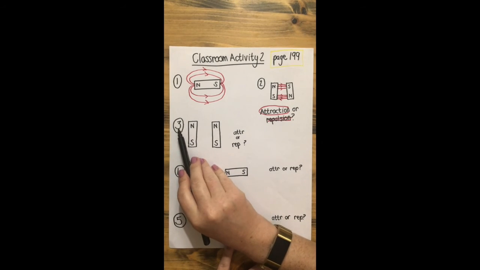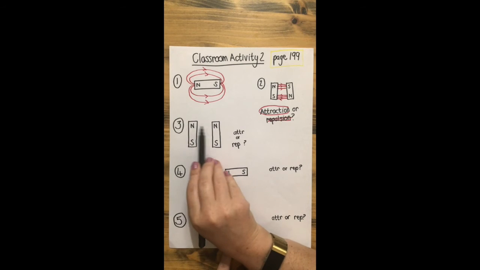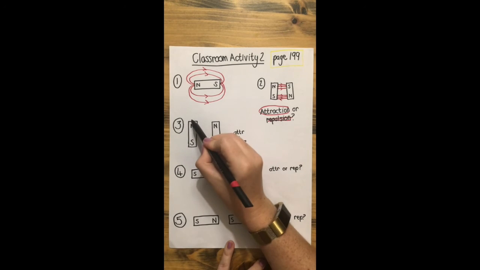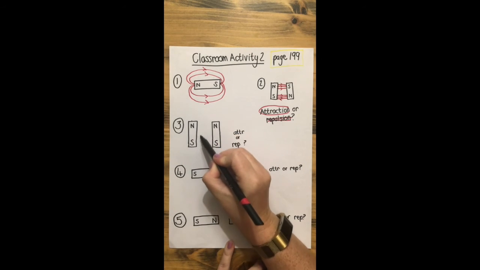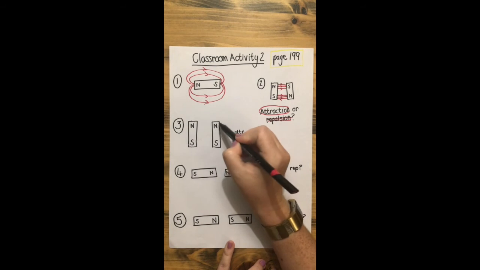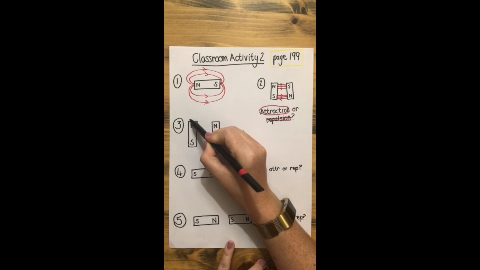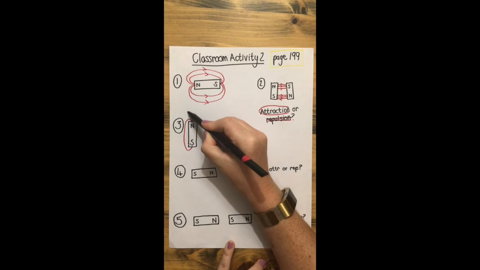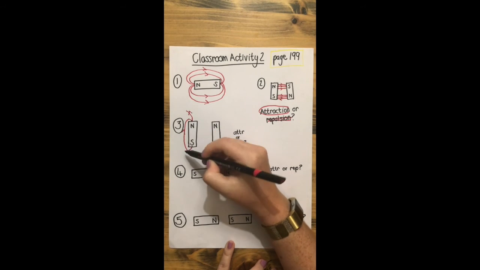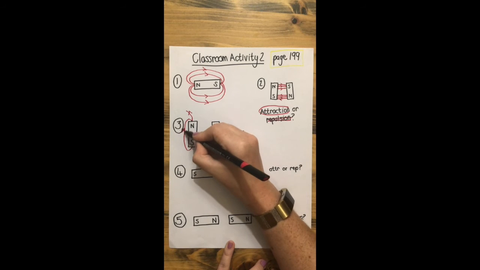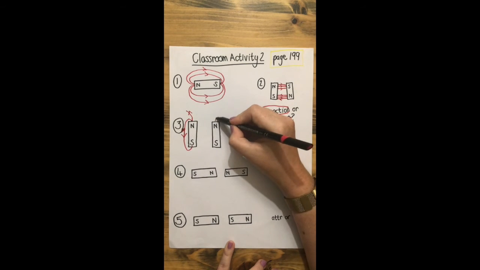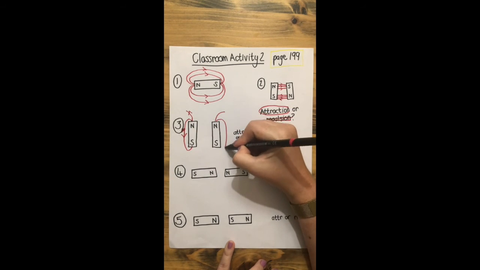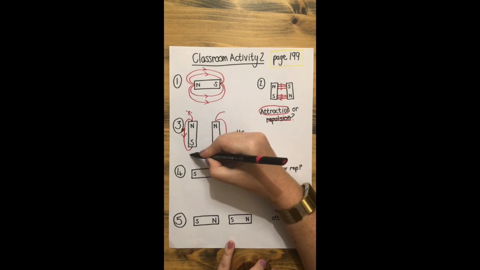Okay, number 3, they have asked you to draw the interaction. What would happen over here? Normally it goes from north down to south. What would end up happening is that these would just go that way and be deflected away from this side.